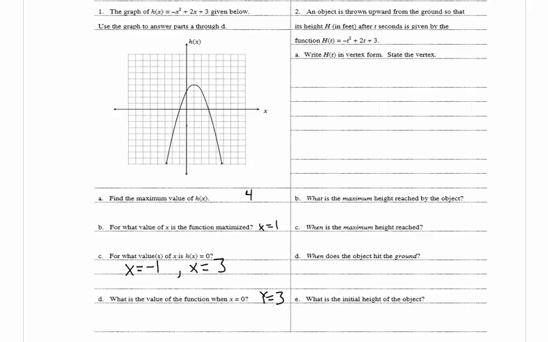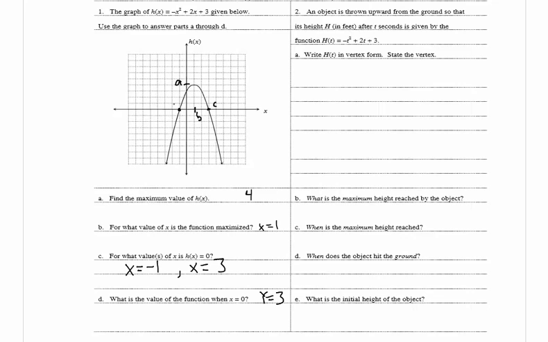Now let's label these points that we found on our graph. The maximum height we found was 4, so this is part A. Then we found the x value where it's maximized was here at B. In C, we found our x-intercepts, and that was here and here.